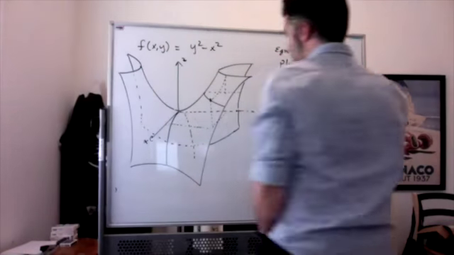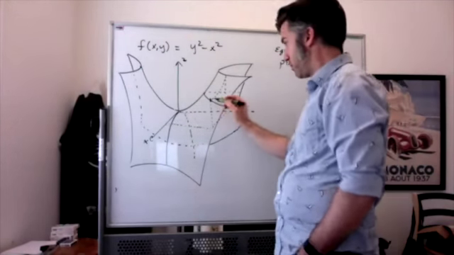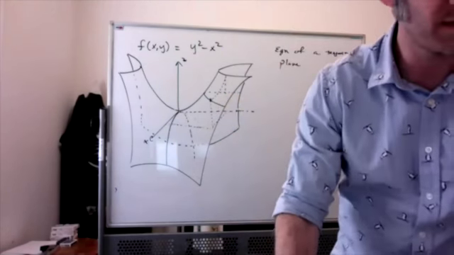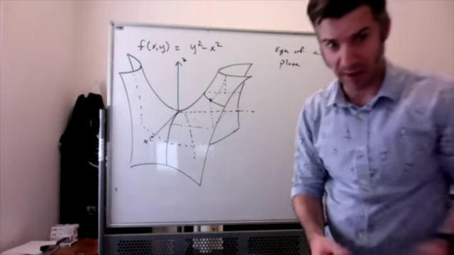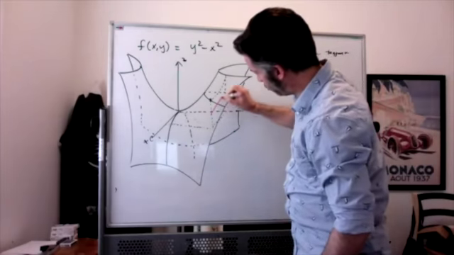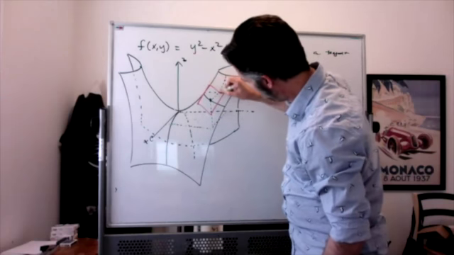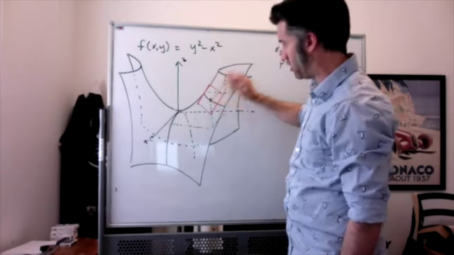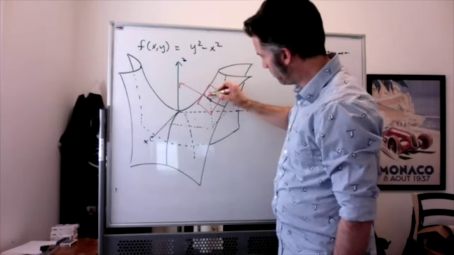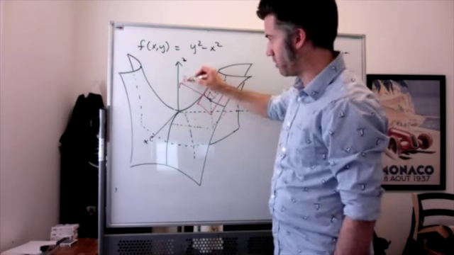If you knew, and I'm going to try and draw the plane here. Let me try using a different color. Maybe it'll be better, it might be worse. Sorry. So right here, here's my plane that's tangent to the surface at that point, and shooting out of it is the normal vector.